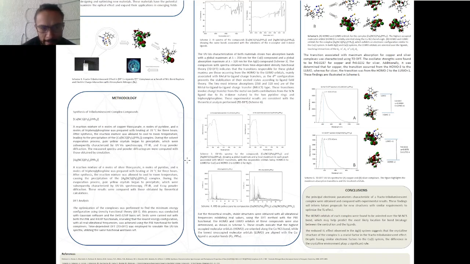After the synthesis, the reaction mixture was allowed to cool to room temperature, leading to precipitation of the complex. This is for the copper. During the solvent evaporation process, we obtain the crystals that we want to work with.